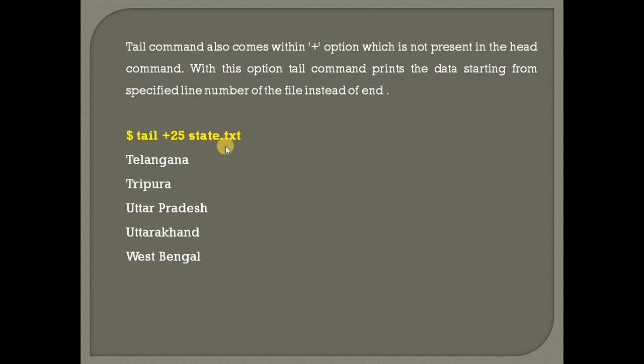If this file contains 30 lines, this tail command will print the lines numbering from 25 onwards. So 25, 26, 27, 28, 29 and 30. Suppose the file contains 29 records, it will start printing from the 25th record.